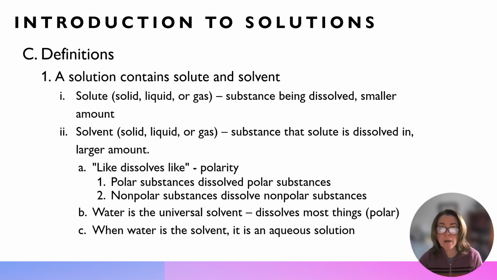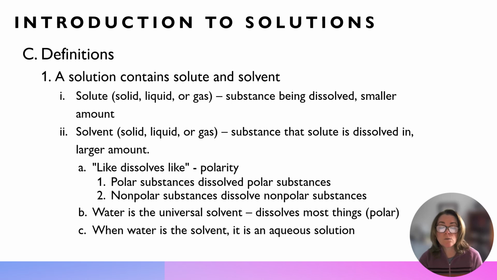Things to keep in mind, as we talked about in a previous chapter, I can't remember which one, we talked about how some substances are soluble and some substances are not. And we'll talk about that in a little bit in the next section. But the thing I want you to keep in mind is this phrase, like dissolves like, and this is in terms of polarity.